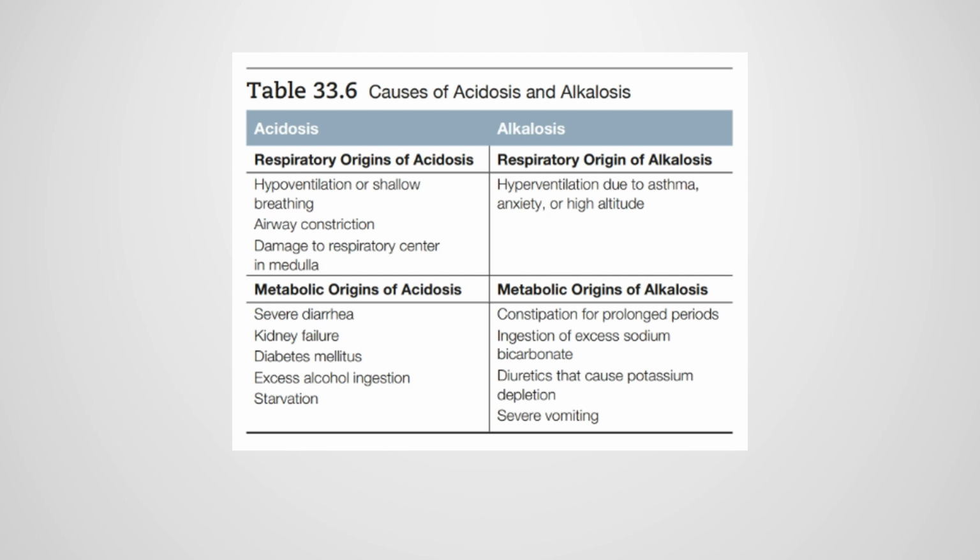And that makes H plus and HCO3 shift over to the left side because the CO2 is dropping and this equation needs to stay in equilibrium. And if your H plus is being converted to CO2 and H2O, you're becoming alkalotic.